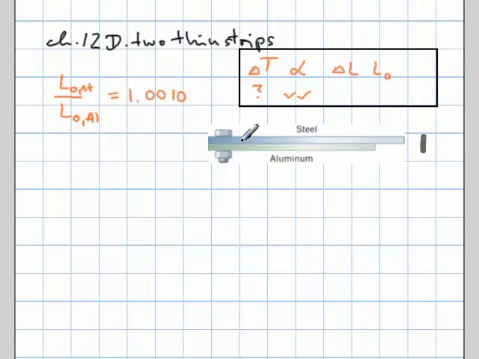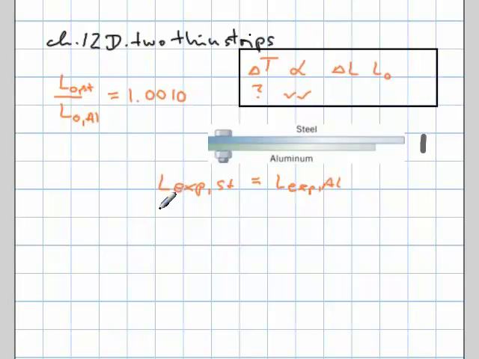As I said earlier, the steel is going to expand to a certain length, and the aluminum is going to expand to a certain length. So when everything is done, the total length of the expanded steel equals the total length of the expanded aluminum.